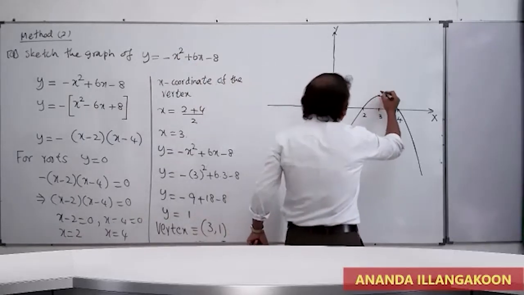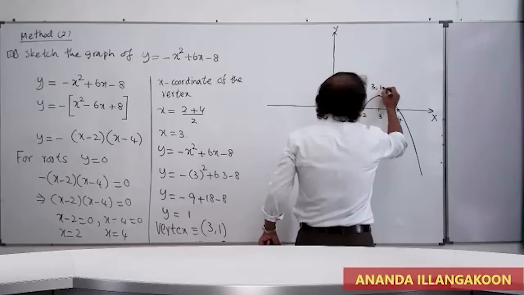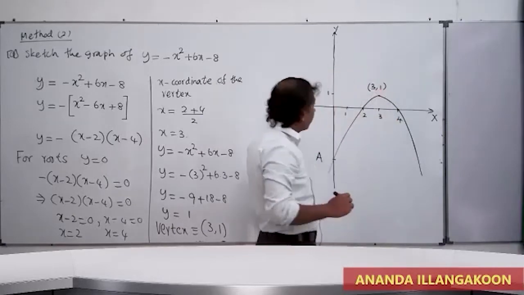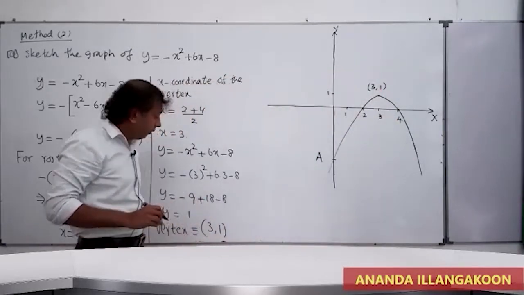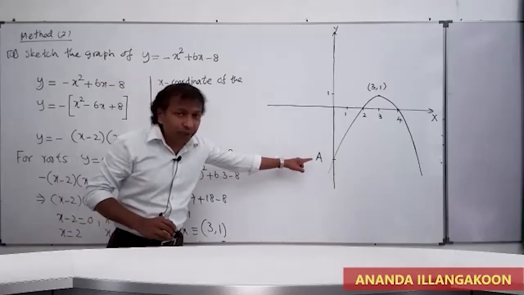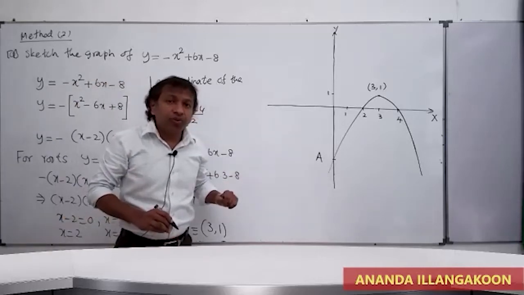This point is the vertex, people, 3, 1. Right? Suppose we need to find point A, that can also be found, people.